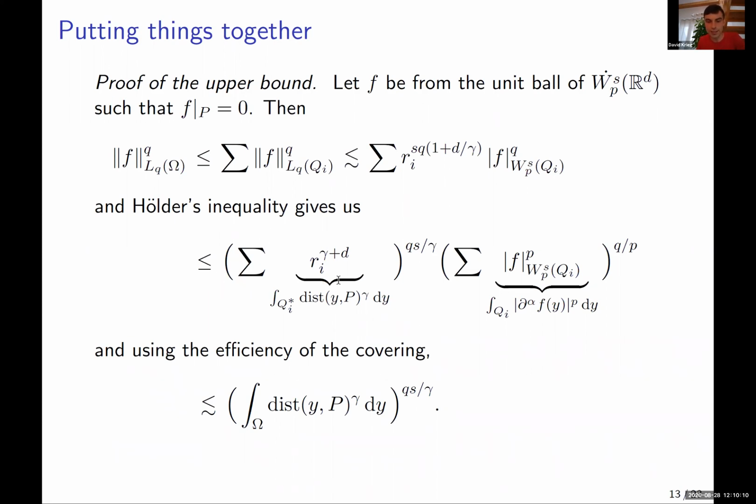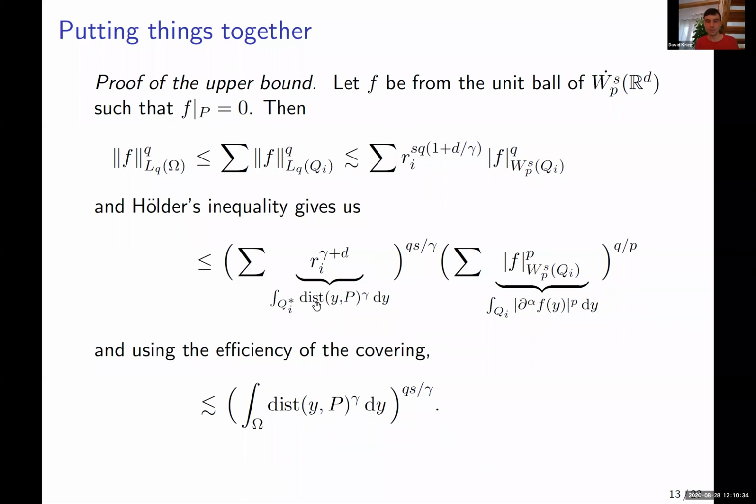And you can write this a little differently. The radius of the cube is actually the same as the distance function to the power of gamma integrated over these empty cubes, Qi star, because in these empty cubes the distance is of the same order as the radius of the whole cube, up to a constant.